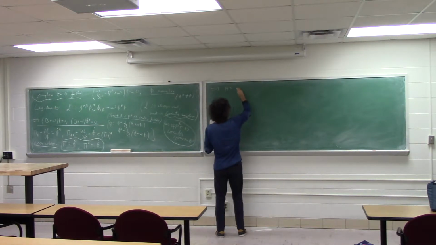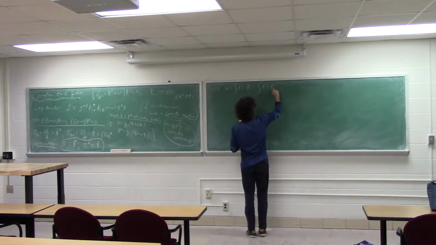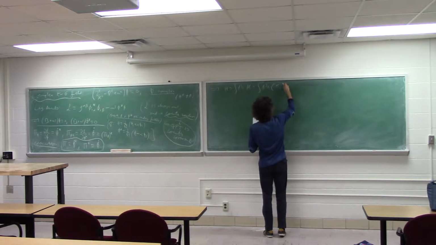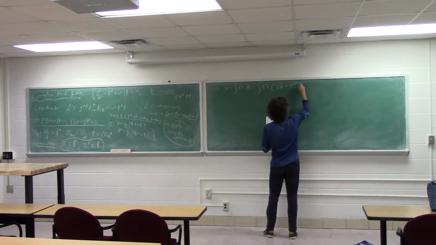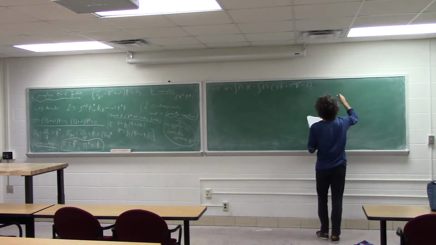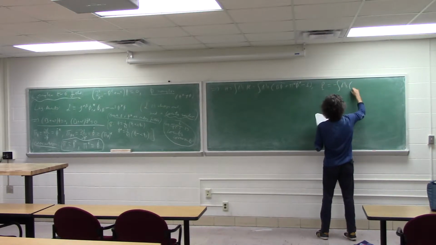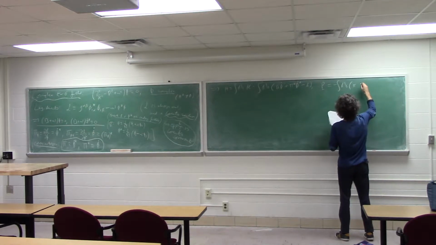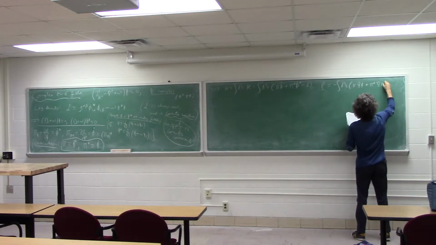The Hamiltonian, which is equal to the integral over all space of the Hamiltonian density, is equal to, well, actually, let's write it like this: pi phi dot plus pi star phi dot star minus the Lagrangian density, and the spatial derivative terms: pi grad phi plus pi star grad phi star.